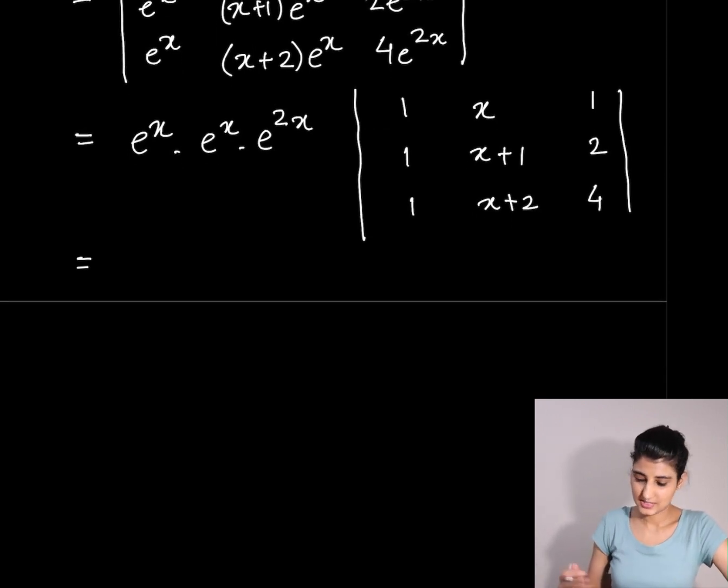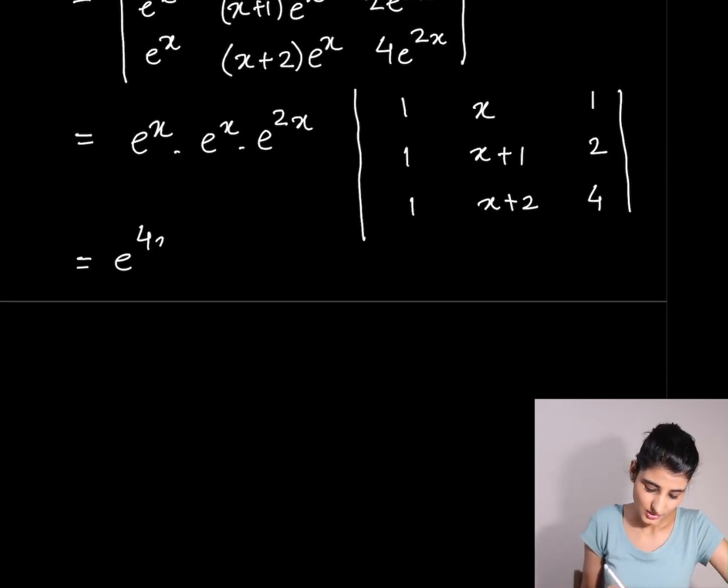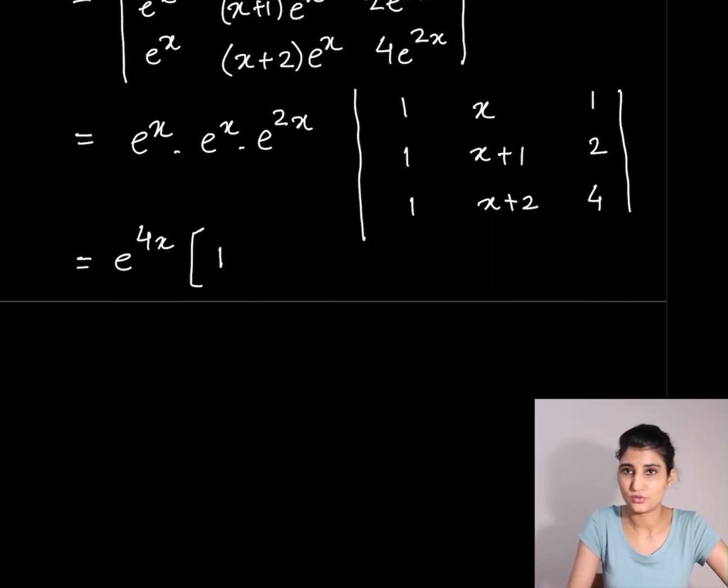Okay, let's find out the determinant now. So we have e power 4x outside. I hope you know how to calculate the determinant.